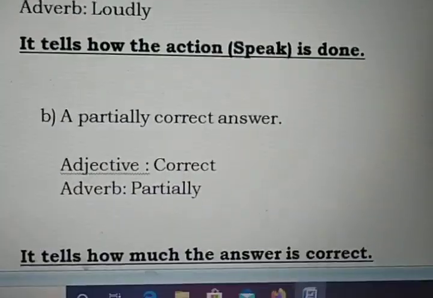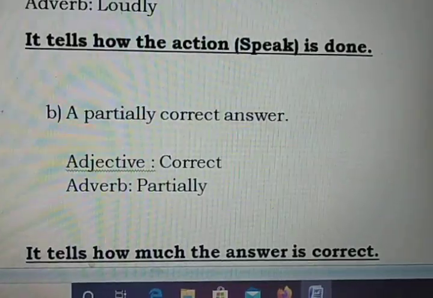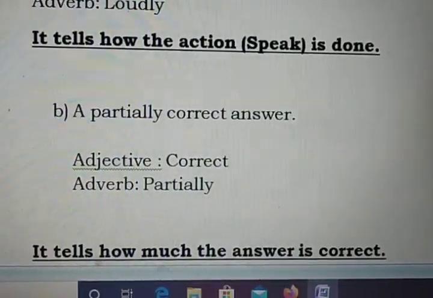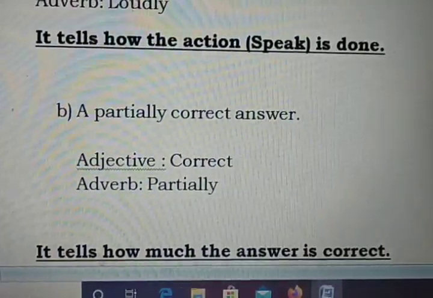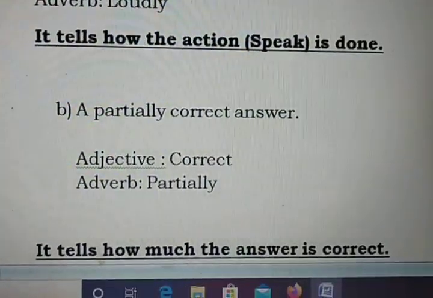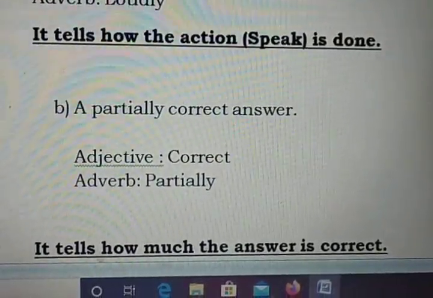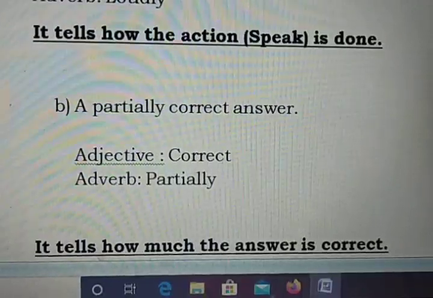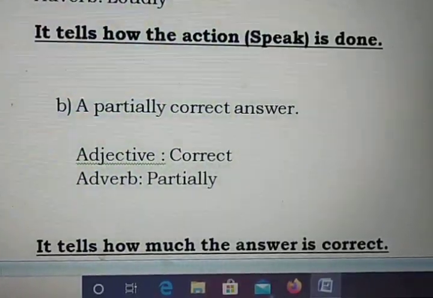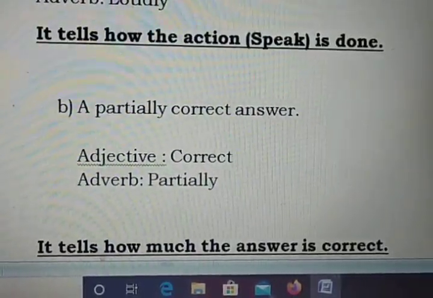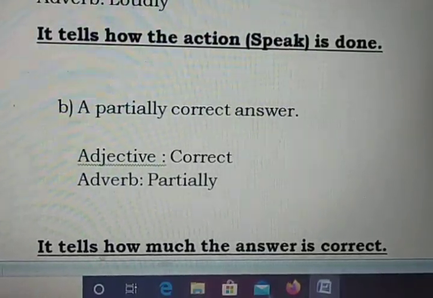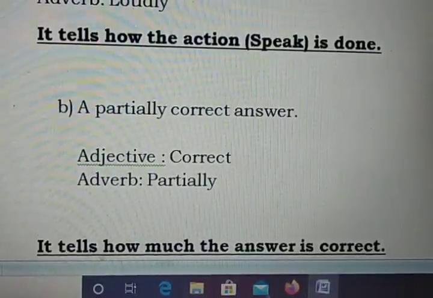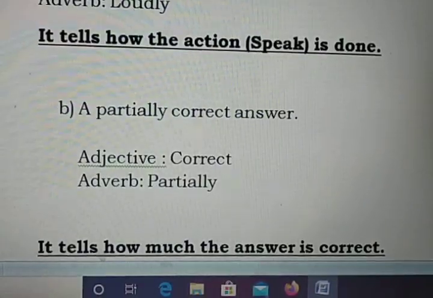Second sentence is your a partially correct answer. So here correct is your adjective, and here partially is your adverb, because here the adverb modifies the meaning of adjective. It is not trying to modify any verb.